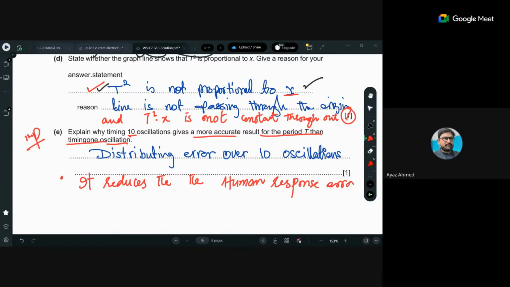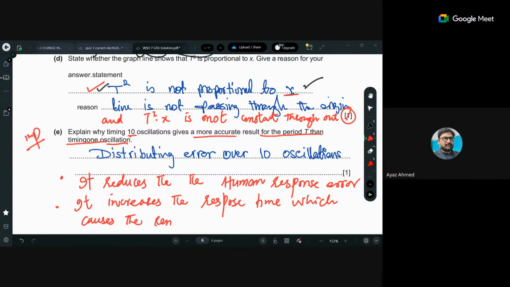Or you can write one more thing, that it increases the response time, which causes the removal of random error.